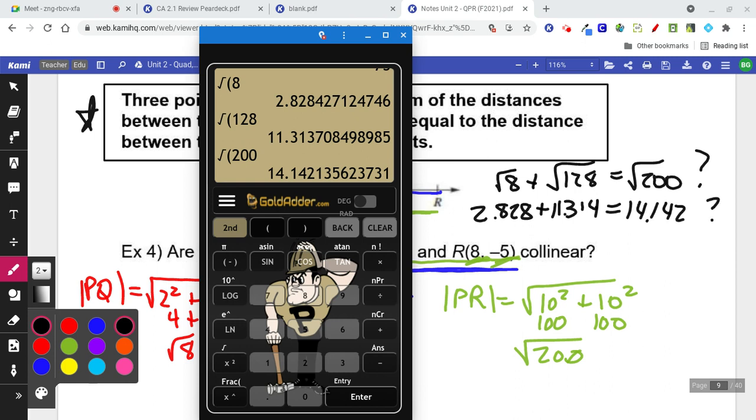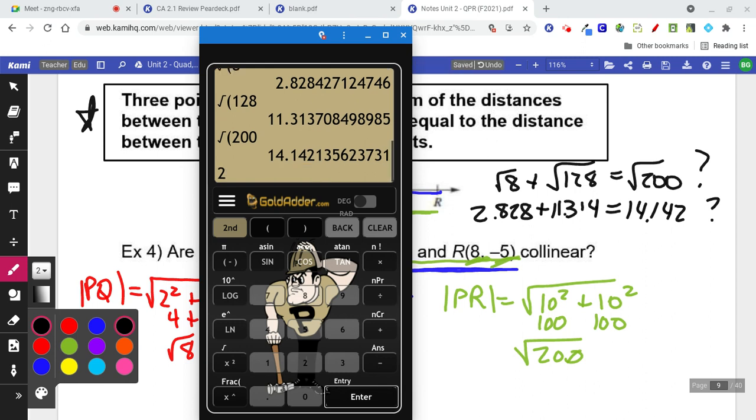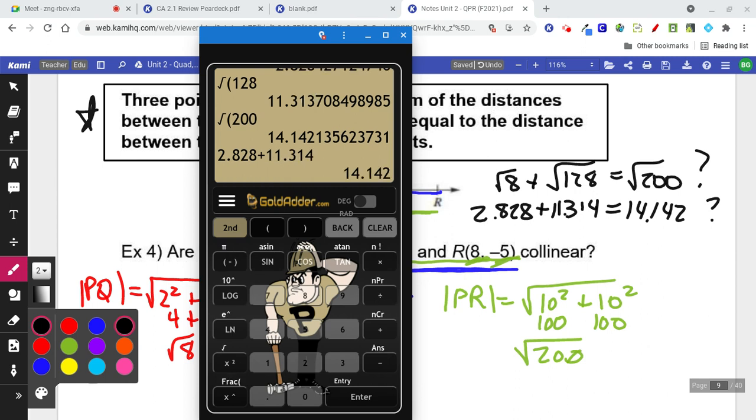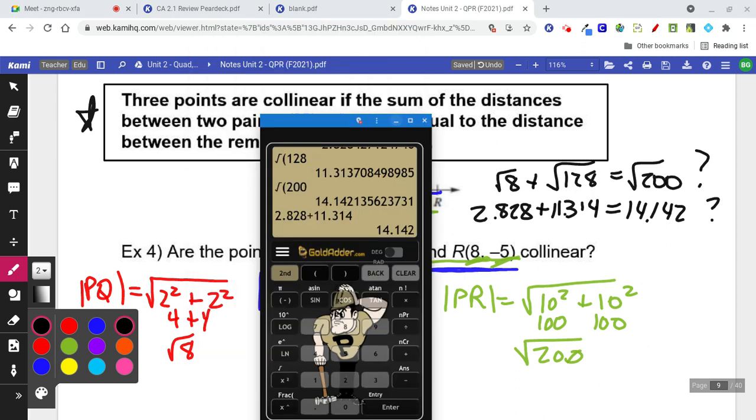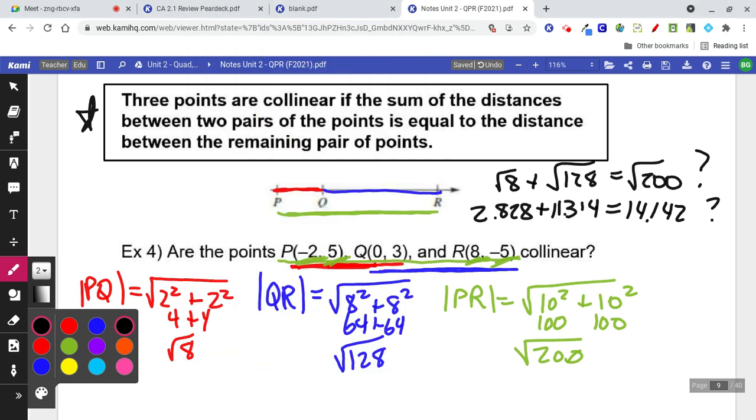All right, so what do we have? 2.828 plus 11.314. Yeah, that looks right. Once you look at the square roots, that looks right. And keep in mind, I rounded off, so it's not going to be perfect unless you use all of the numbers there, but that works. That's true.